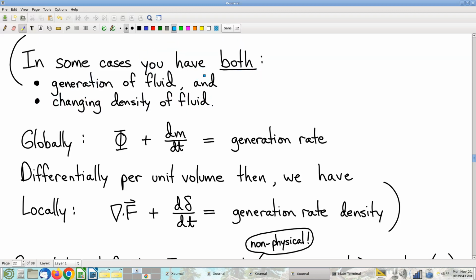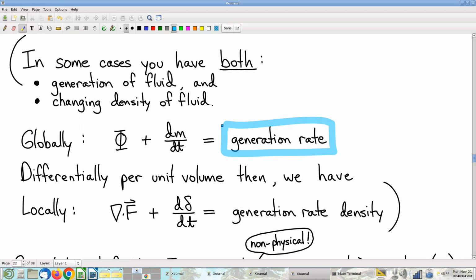And the way I like to think about this, I like to start from a global perspective. So all together in your entire scenario, if there is generation of fluid at all, to whatever extent fluid is being generated, well, there are really two possibilities.